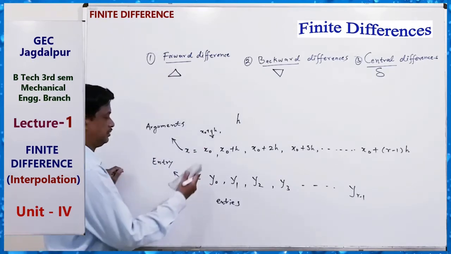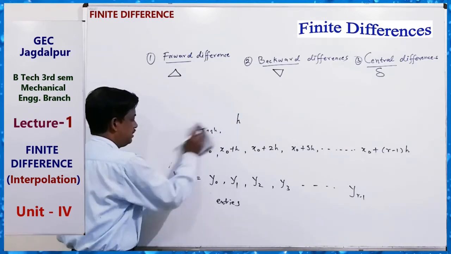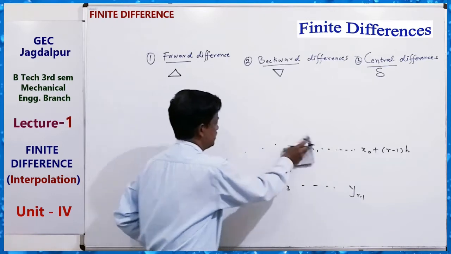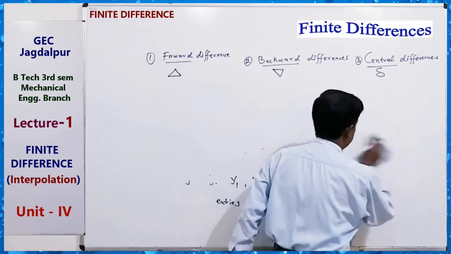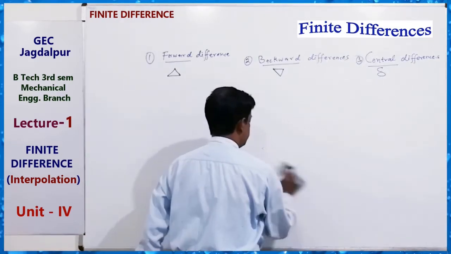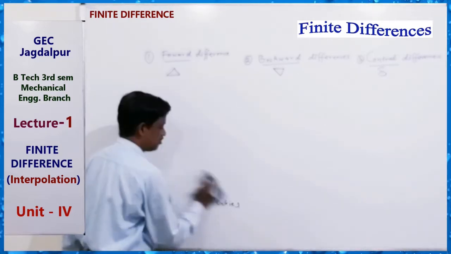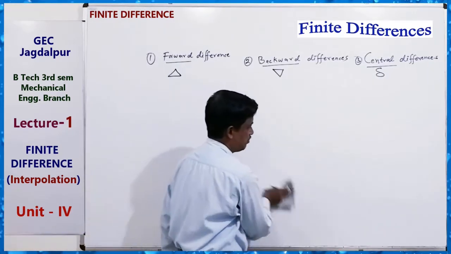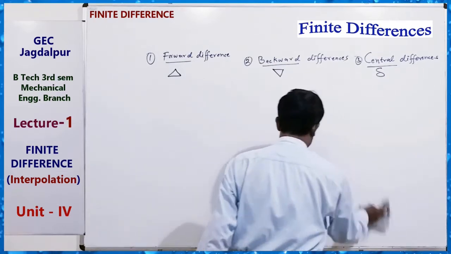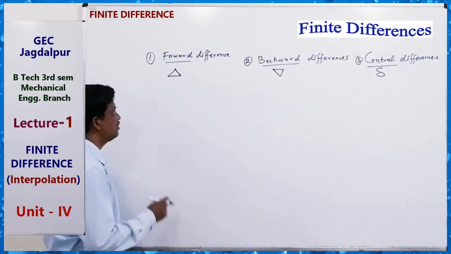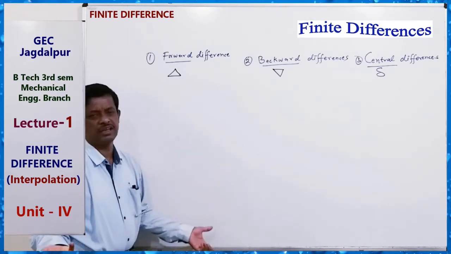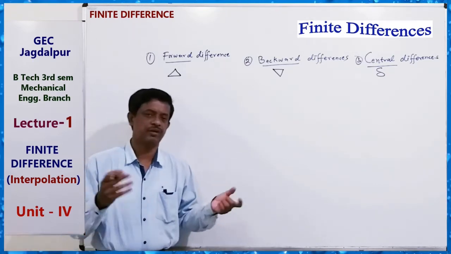Now, just like a derivative, here we have first order difference, second order difference, third order difference. All the differences can be found by their definition, and the definition is very simple. Suppose we have a function y, that is f(x) or y.